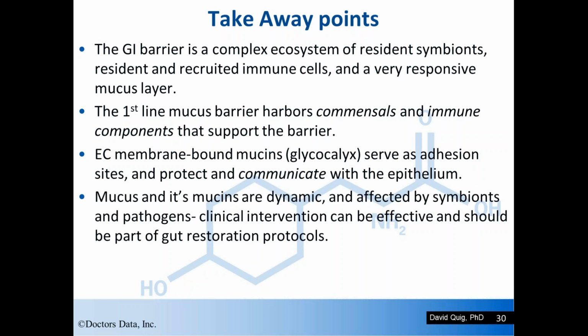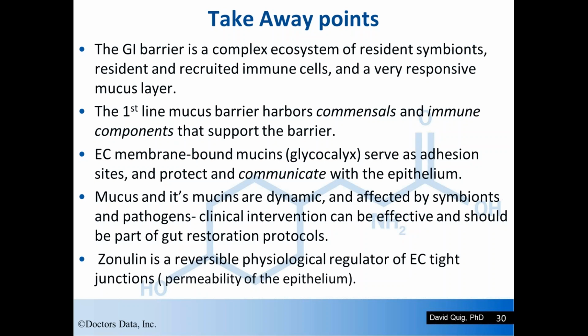Mucus and its mucins are dynamic and affected by symbionts and pathogens, and there is effective clinical intervention to support the mucins, and such intervention should be considered as part of any and every gut restoration protocol.